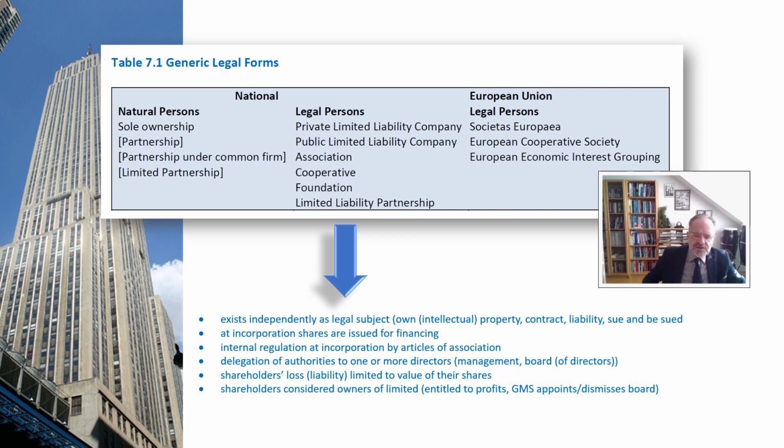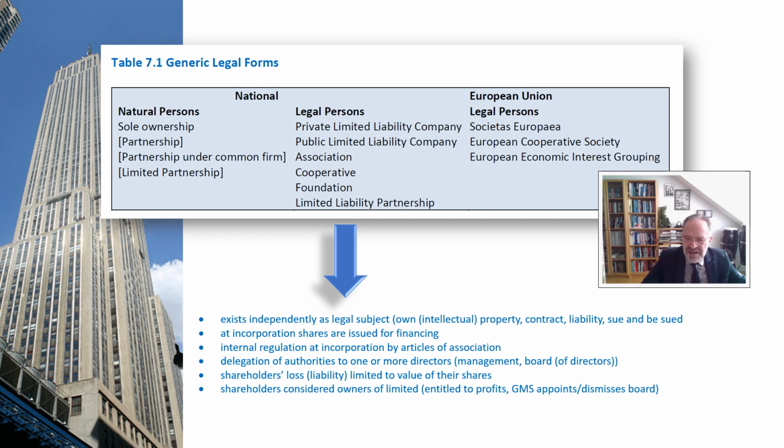Now, the legal person has shareholders. Those shareholders are the people or the companies who bought shares at the incorporation or later by buying them from other shareholders. Shareholders are in a relatively comfortable position from a liability perspective. Shareholders are not liable for any obligation or debt of the legal person.